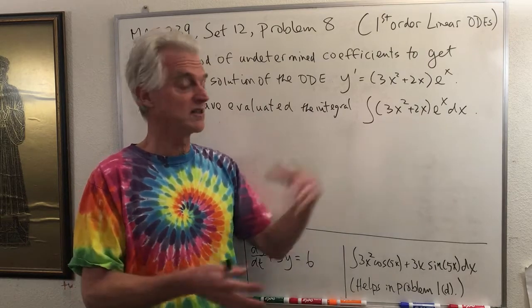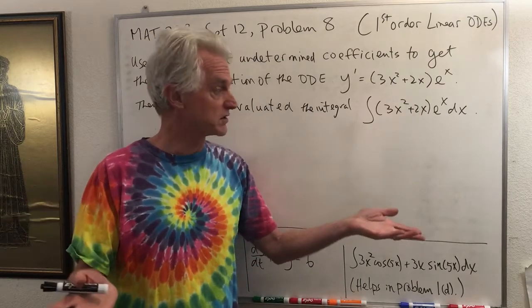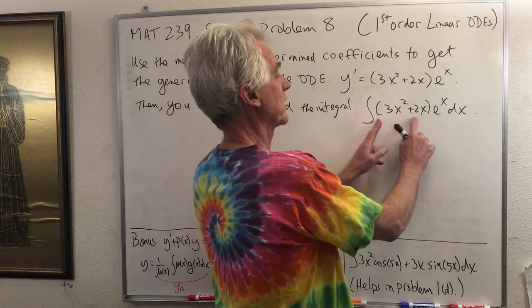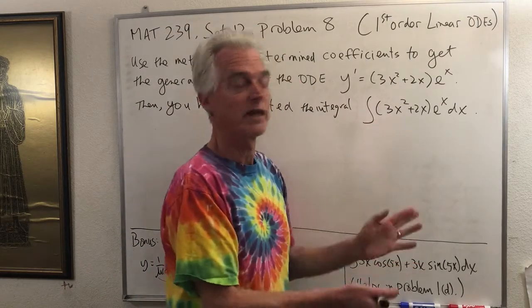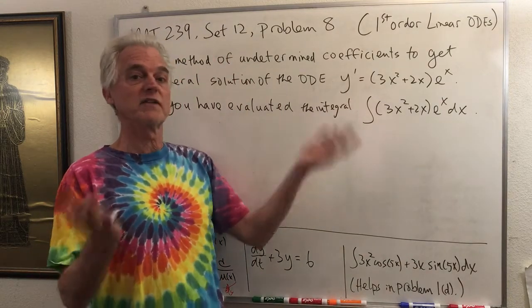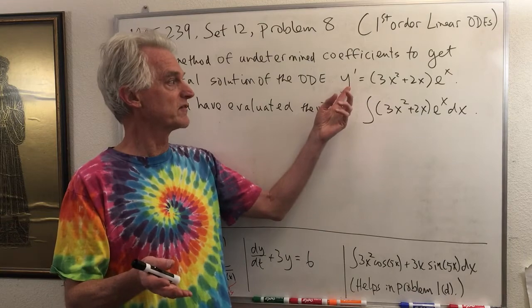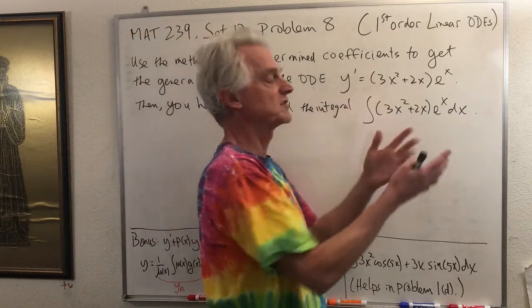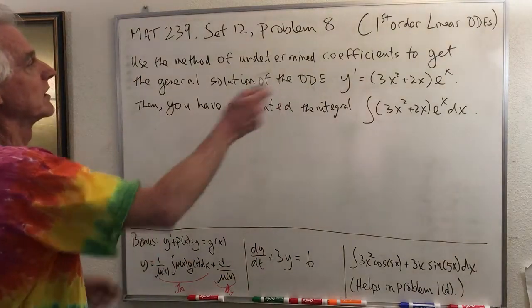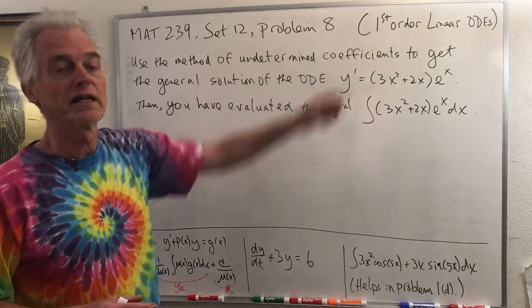This integral says, find the most general function whose derivative is 3x squared plus 2x times e to the x, right? What does this equation say? This ODE says, find the most general function whose derivative is 3x squared plus 2x e to the x. It's the same question. All right, but we're going to be using our latest technique.